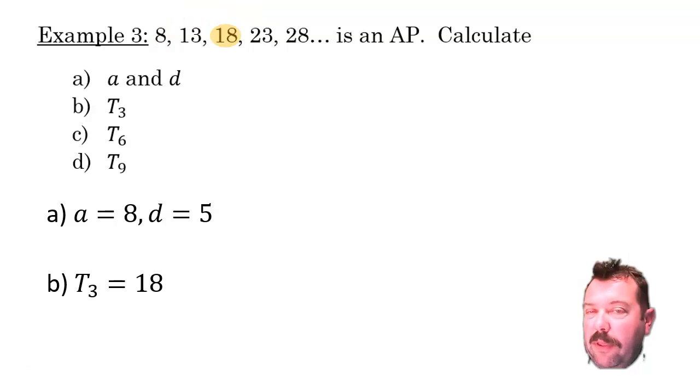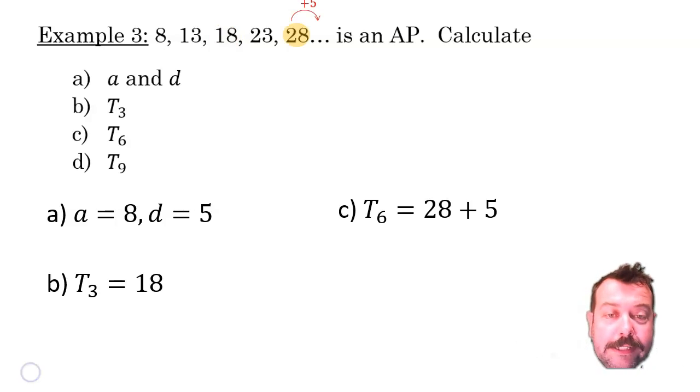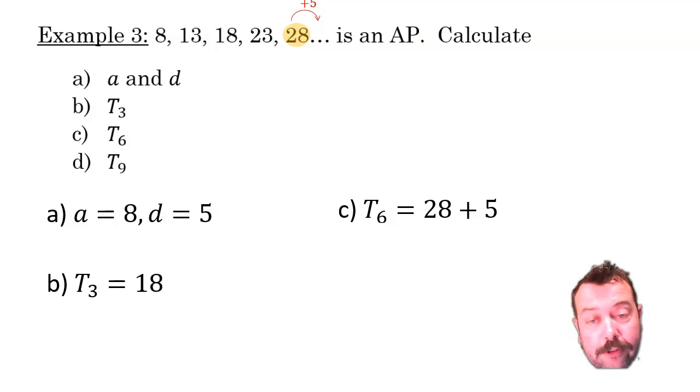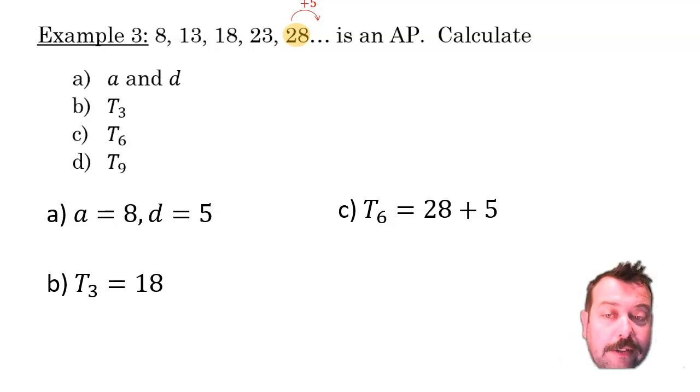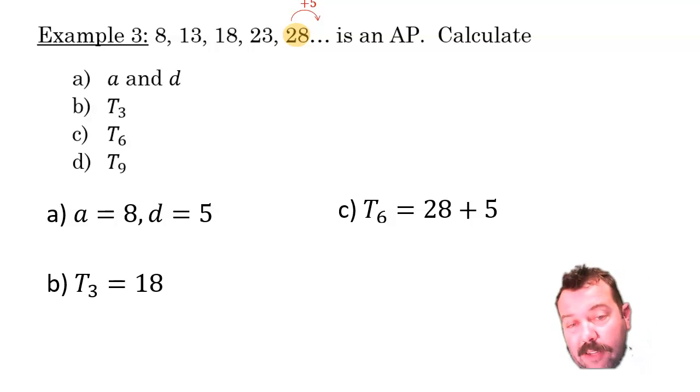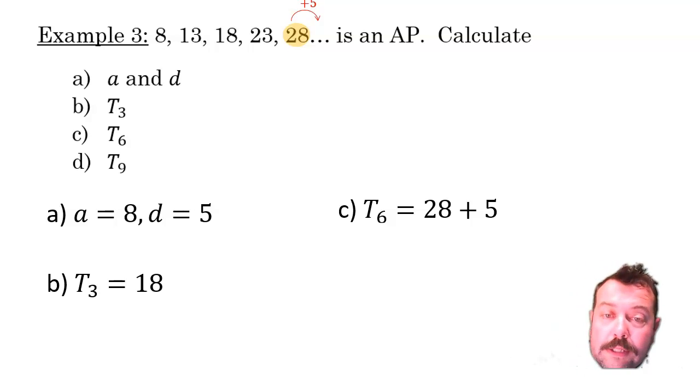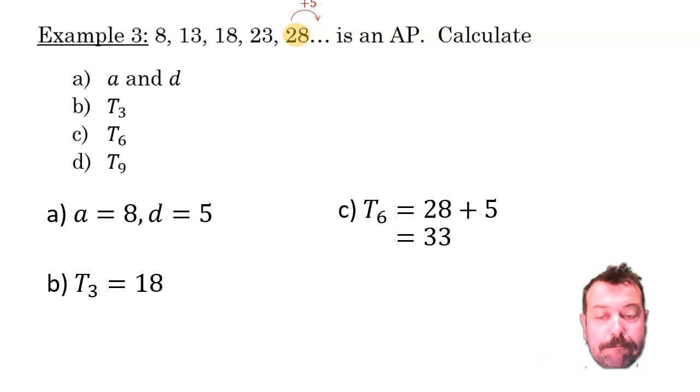Part B is maybe even easier. T3 means the third term, which is 18. For T6, we have the fifth term and I know the common difference, so we could use the formula. However, it's probably easier just to go one step forward from T5. So 28 plus 5 is 33.